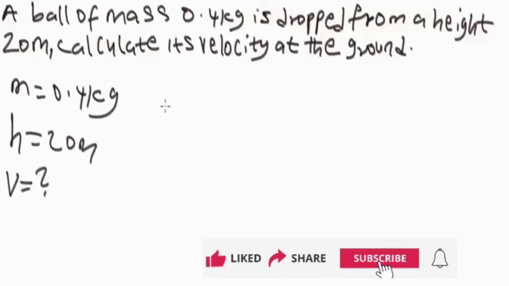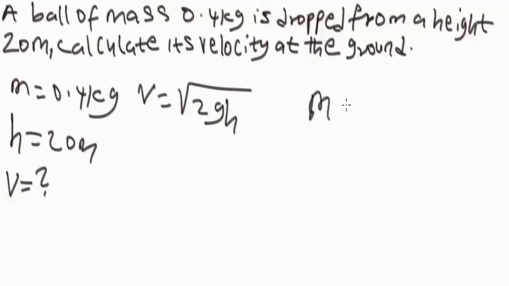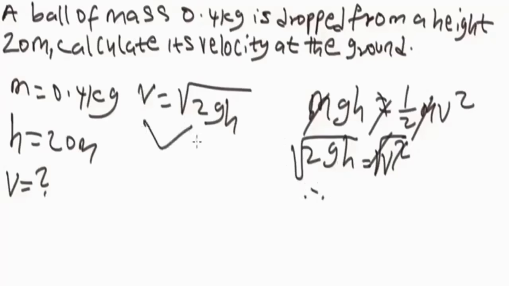That means we are going to use the formula for the relationship between potential energy and kinetic energy, which is v equals square root of 2gh. Let me show you how we derive it again. Potential energy is mgh and kinetic energy is half mv square. So m will cancel this m, and we cross multiply: 2gh equals v square. To make v the subject of the formula, you square both sides, this will cancel this. Therefore, v will give you this.